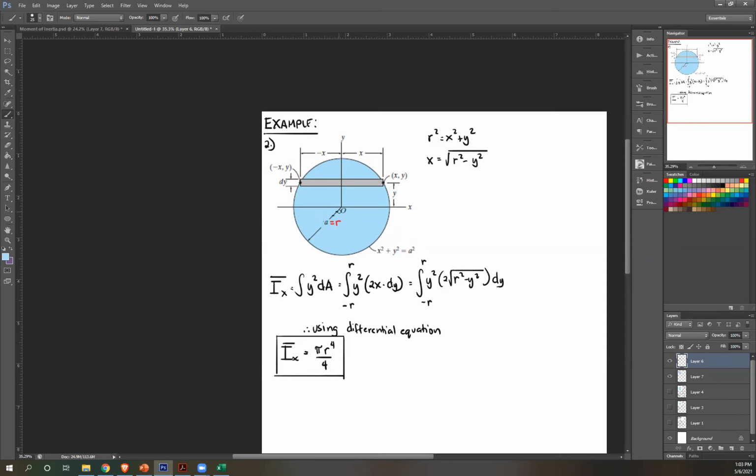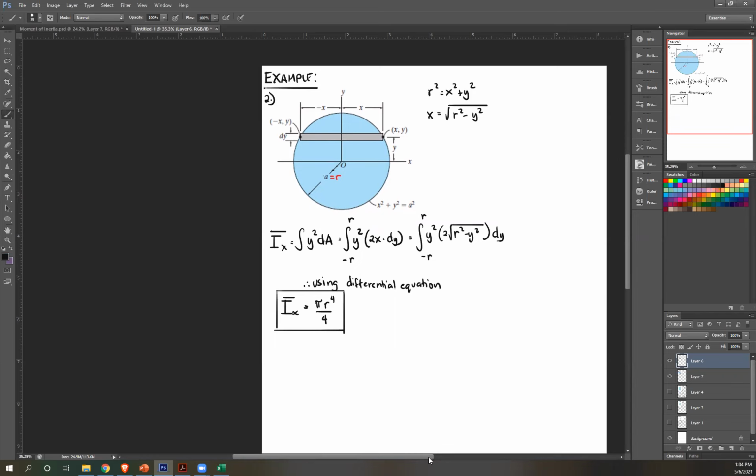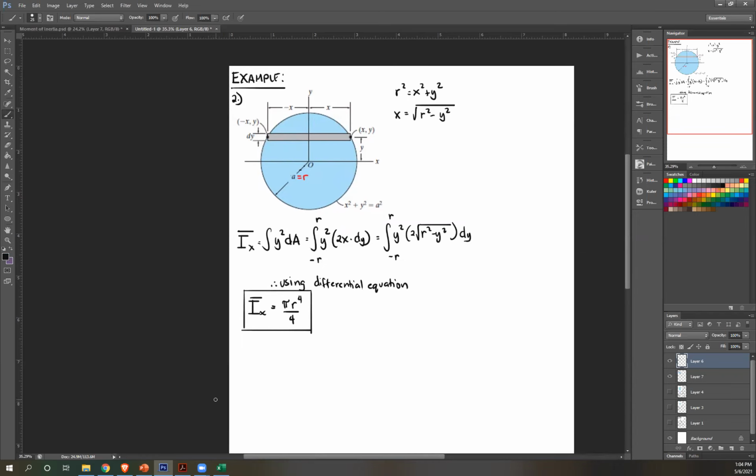If you haven't noticed, I'm just deriving equations of moment of inertia for simple shapes. Previously the rectangle, now we have your circle. So that's your number 2. Now we have an equation for the centroidal x-axis of a circle. Any questions for number 2? Please answer in the chat.